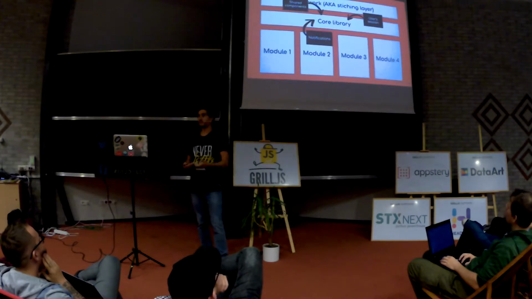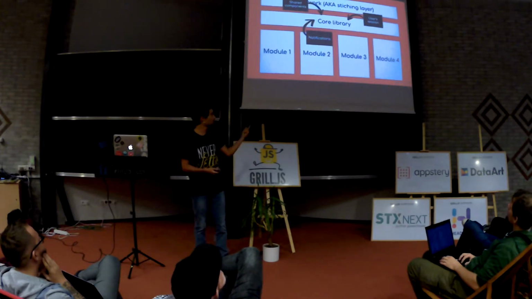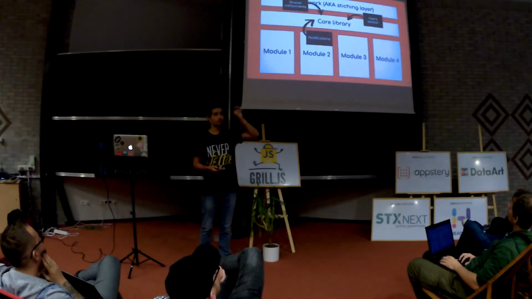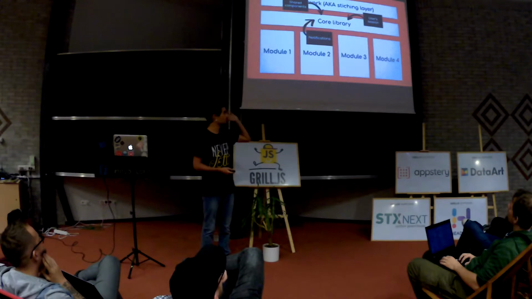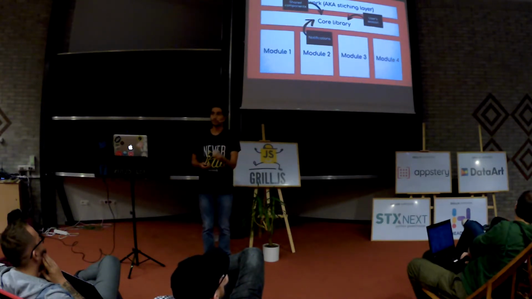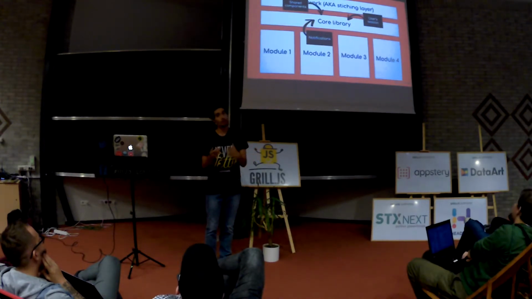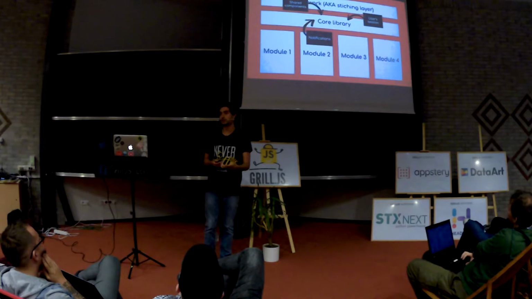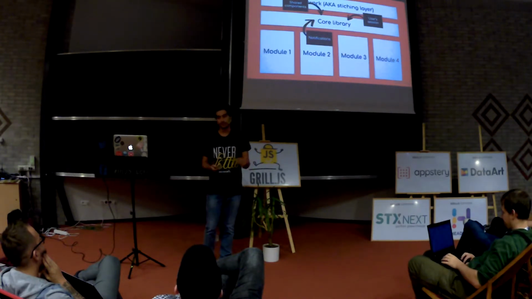For example, if we have user login, we don't need to duplicate it between modules. We will have the user session shared between all the modules. Same for the UI library, because as we said, we want the user to feel like it's one application. So hopefully all the modules will use one component library, so it looks the same.